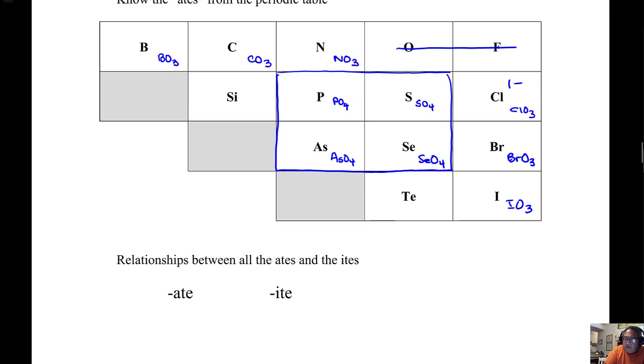And so this is ClO3 minus. Then sulfide would be S2 minus, and sulfate is SO4 2 minus. Then phosphide would be P3 minus, and phosphate is PO4 3 minus, like that. So you see that pattern is pretty straightforward.